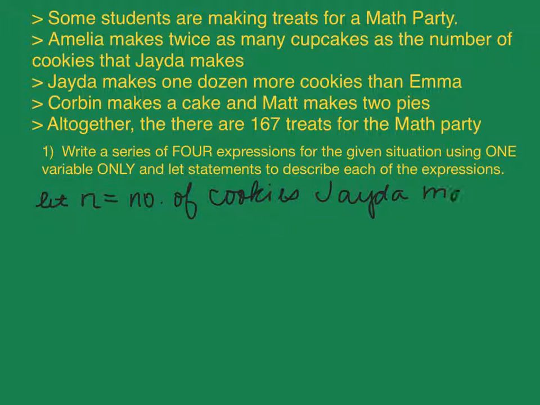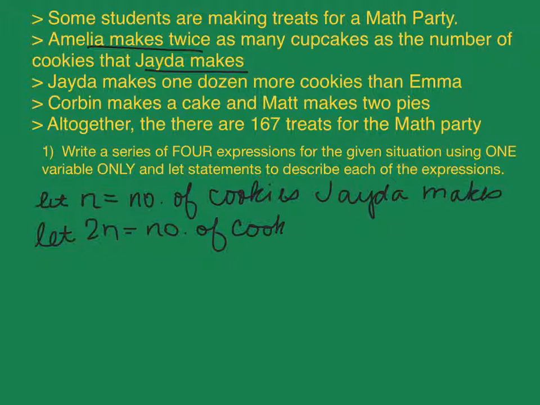Or Jada makes. So we started with Jada. Amelia makes twice what Jada makes. So twice means to multiply, so that would mean let 2n equal the number of cookies Amelia makes.